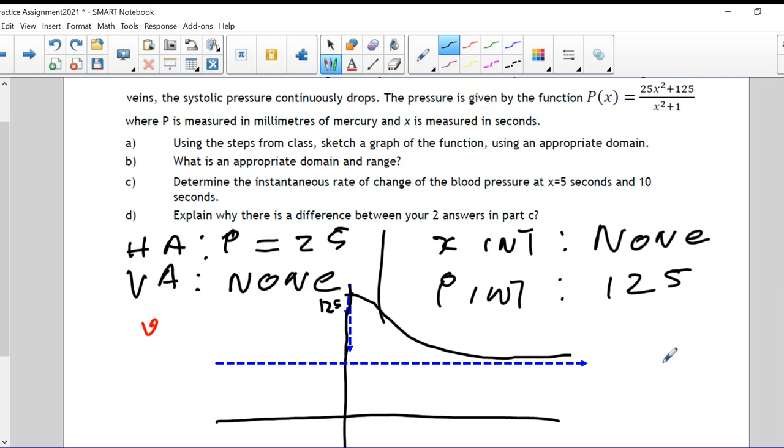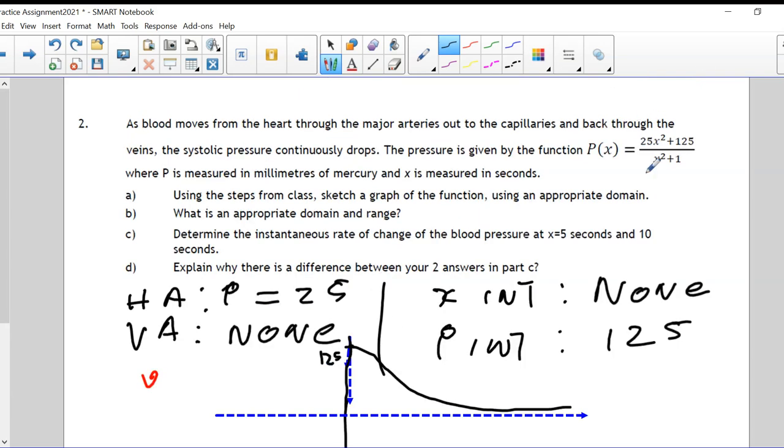I don't think I did that justice, but hopefully people get the idea. It's coming up from that 125. It does have a negative side on it. If this was just strictly this function here, 25x squared plus 125 of that, then it would have a negative side on it. But for our purposes, because we're talking about x representing seconds, it really starts here at 0 and then goes down from there.